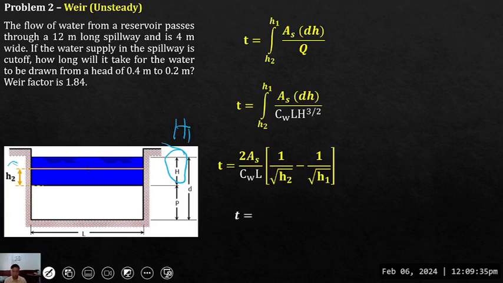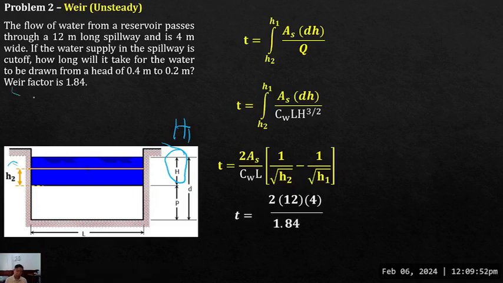So, substitute mo lang yung dalawang area natin. Yung area natin, rectangular yan, so 12 times 4. Over CW, that's 1.84 given siya. And then yung length natin, that is 12 meters long.